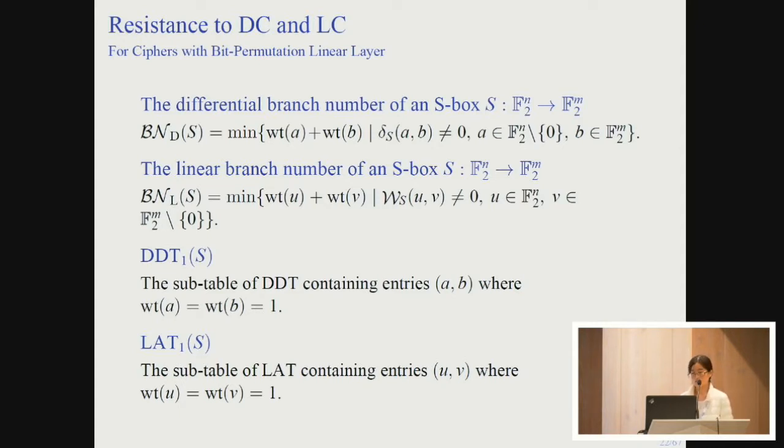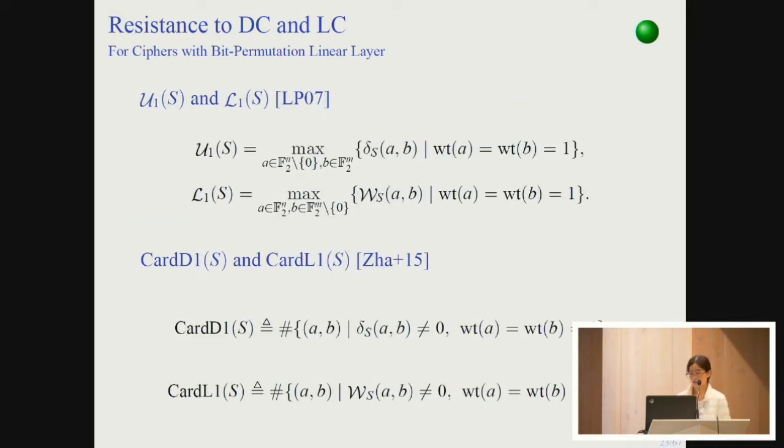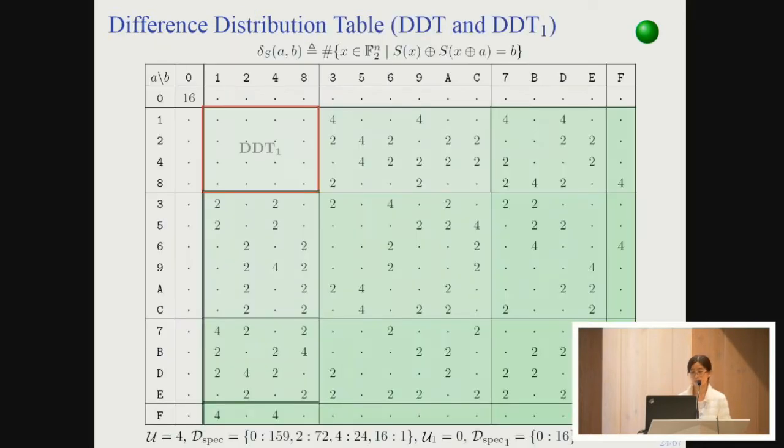Now we focus on the subtables in the DDT and the LAT. They are named DDT1 and LAT1. The maximum in those subtables, and also the number of non-zero entries in these subtables, are of significance for some ciphers.